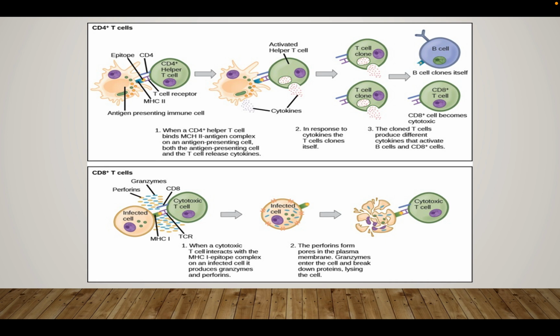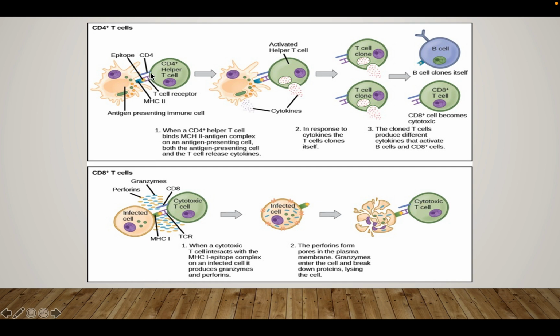So here you can see this. It looks like a lot, but start at the beginning for our CD4 and our CD8. So we'll start with CD4. So what we see here is we see an antigen-presenting cell because we have a class 2, and you see our CD4 helper T cell. What you see is a T cell receptor, and it binds with the MHC, it binds with the antigen or the epitope presented on the MHC molecule.